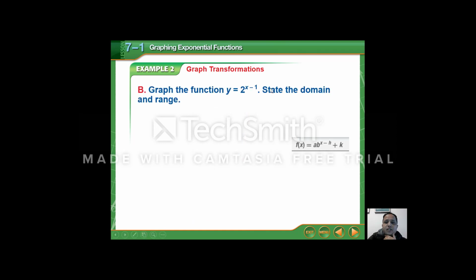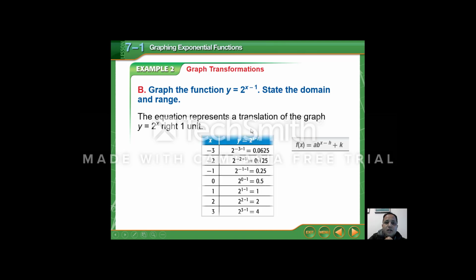Now if you look at this one, there is no k here. If you look at this function, the parent function, there is no k here, which means this is a horizontal shift. This is not a vertical shift, this is a horizontal shift. In the horizontal shift, it's similar to this function minus 1, which is a positive value. So if it's positive, it moves to the right by 1 unit.